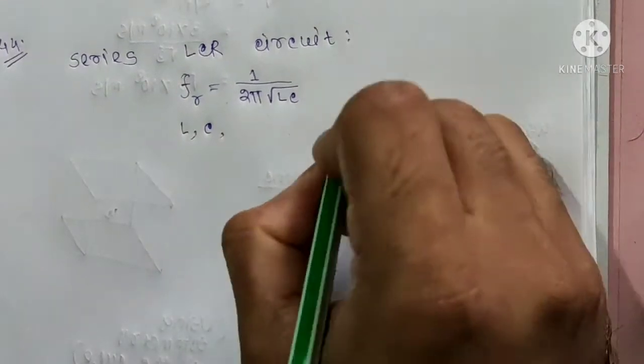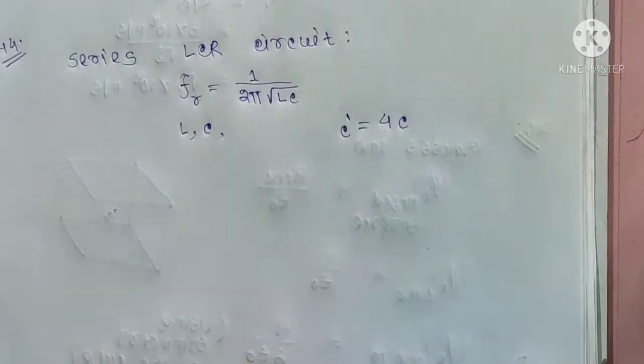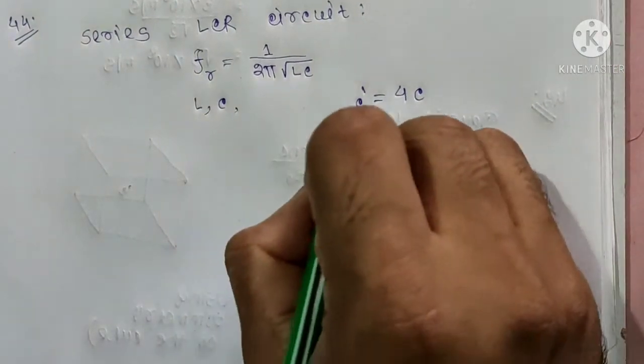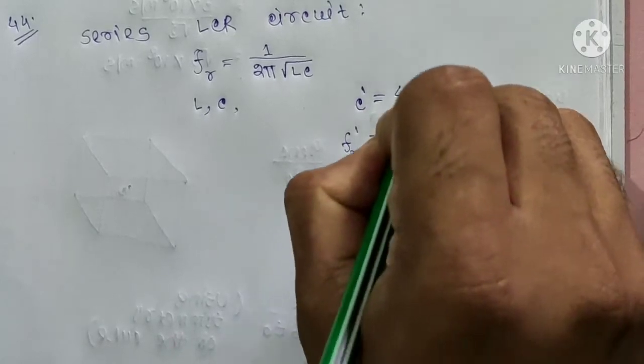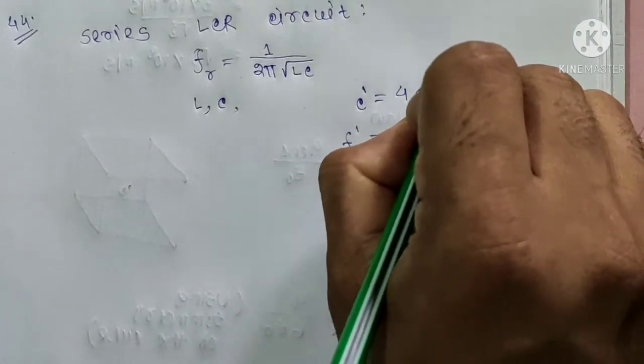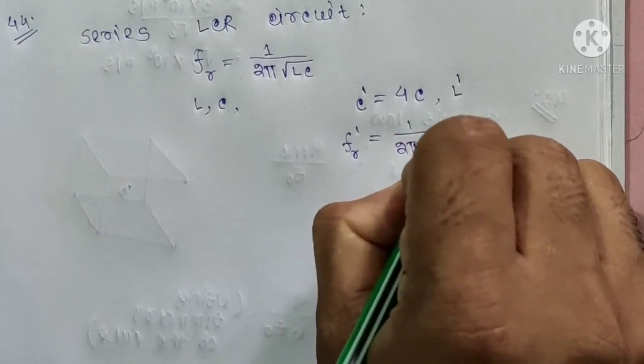Now the capacitance is increased 4 times to the initial value. So the changed resonant frequency will be equal to, and let's say now the inductance is L dash, so 1 by 2 pi square root under L dash C dash.